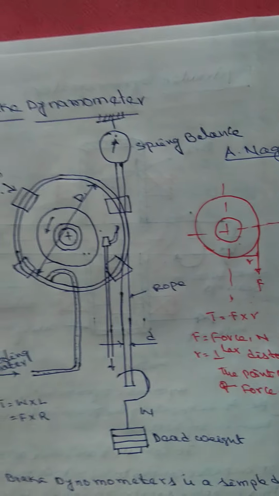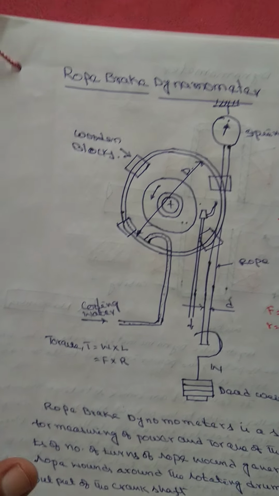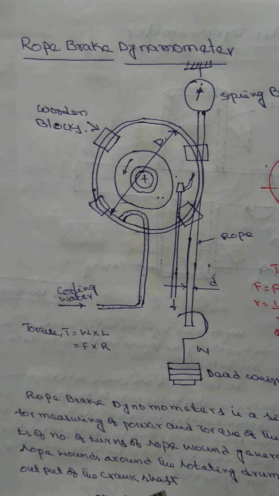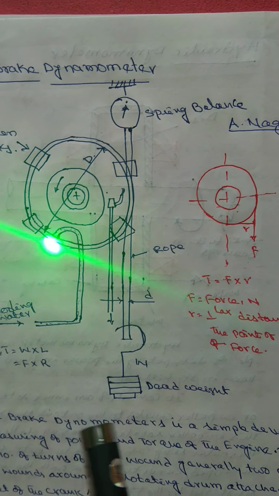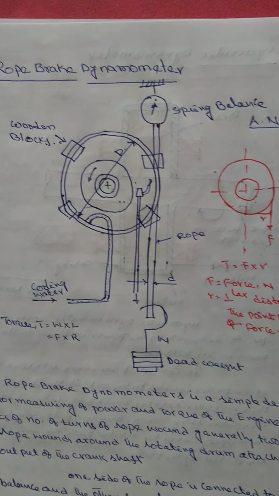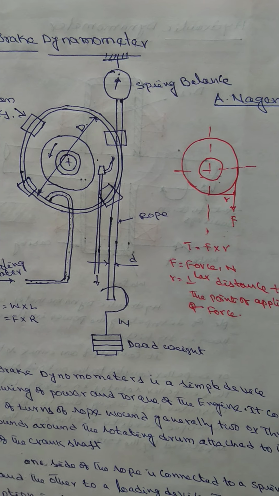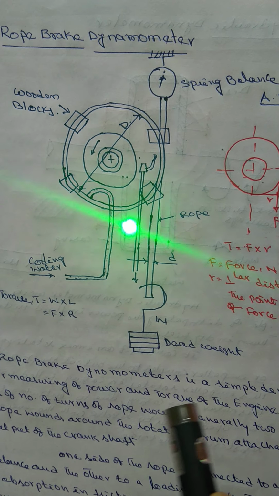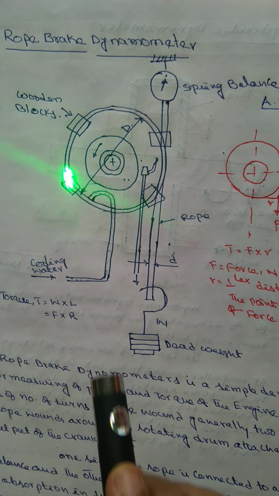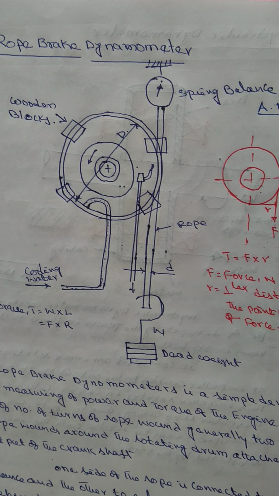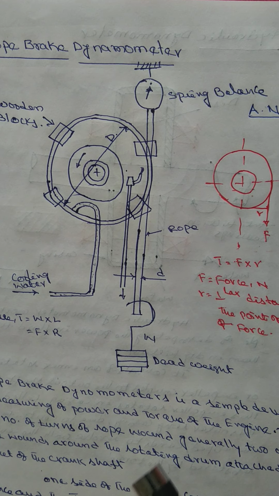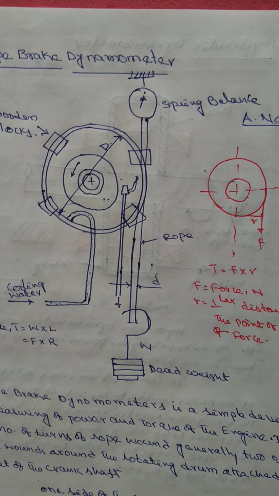Now we will see the rope brake dynamometer. This rope brake dynamometer is available in our lab also. We have one drum, and with that drum we connect a rope. One end of the rope is fixed, and the other end is fixed to a scale that we have to read.